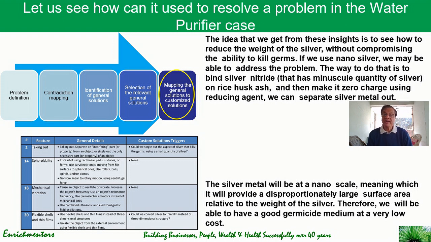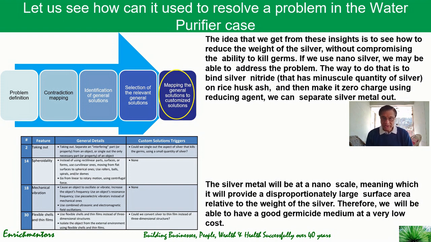So you have a possible mechanism in which you have the property of silver, the properties of silica and the properties of ceramic, right? And that becomes a great reducing agent so that we can kill the germs at a cost which is disproportionately low. And that solves the contradiction, doesn't it? So it's a wonderful tool that you can use to solve technical problems.